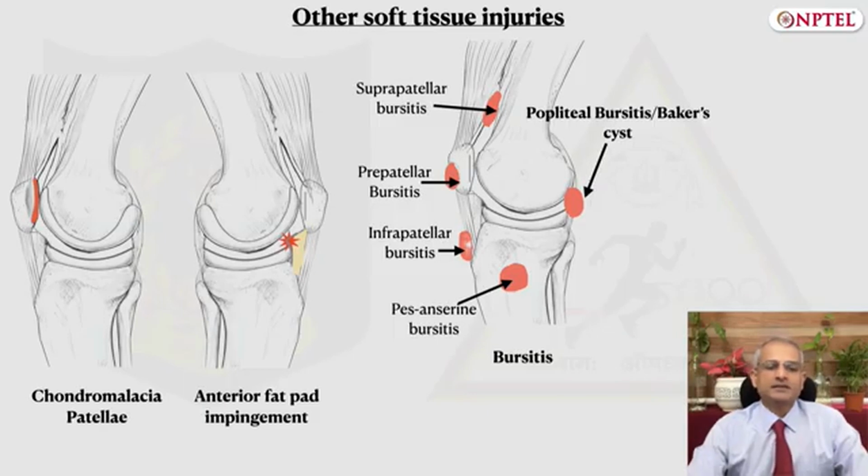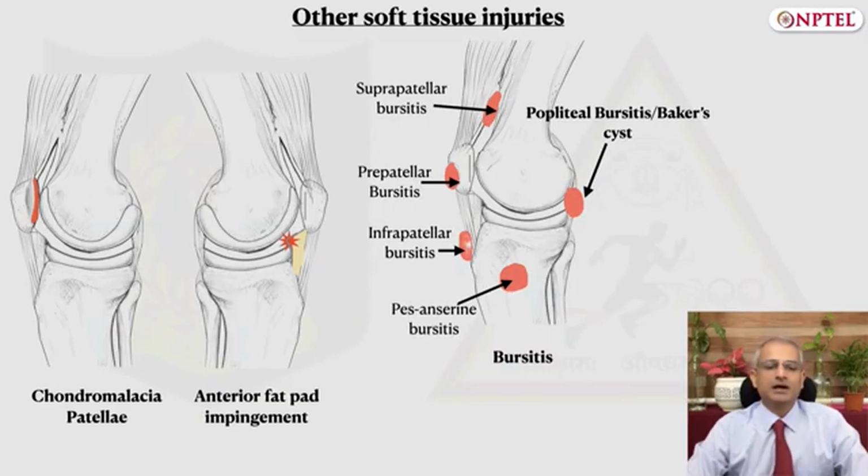Next is an entity called chondromalacia patellae, which is essentially the softening of the patellar hyaline cartilage. It is also known as runner's knee because it affects many athletes and active individuals. Causes for softening of the cartilage can be patellar malalignment, which is the most common cause.